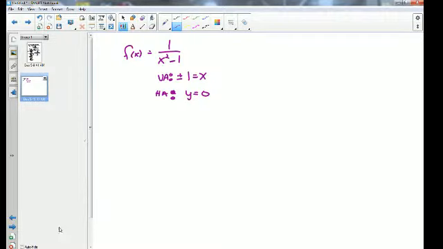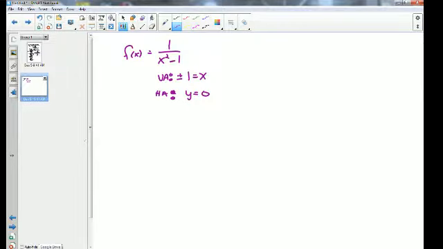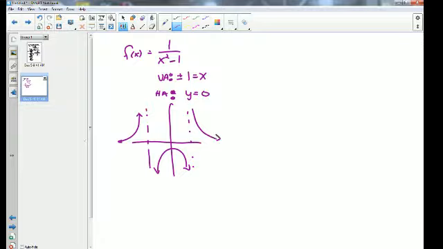Then you're going to go through and do your first derivative and your second derivative, and you'll figure that it looks like this. How did you get that?